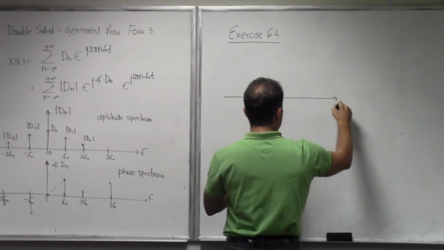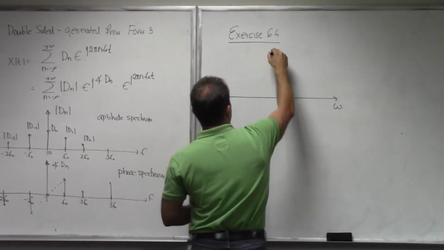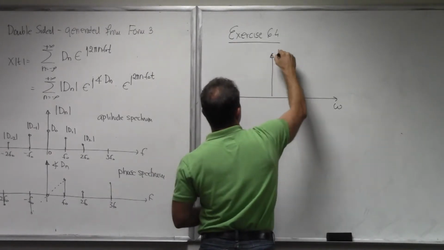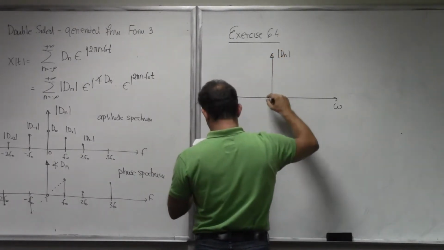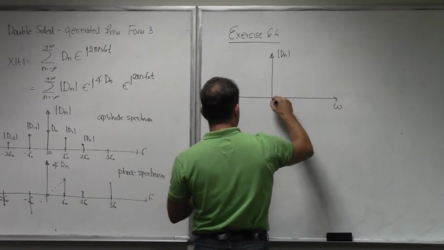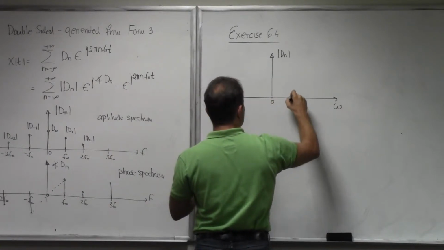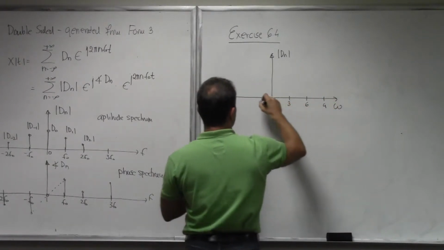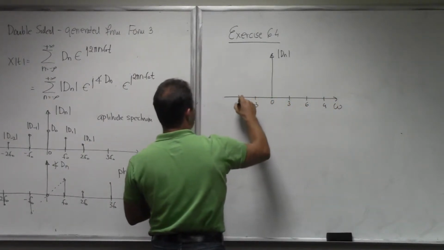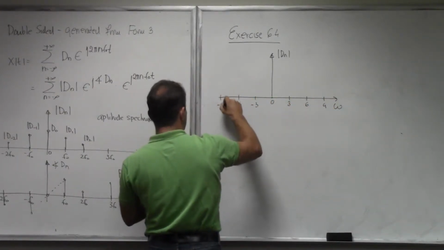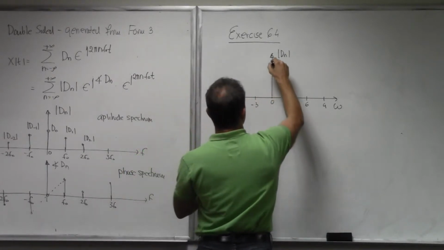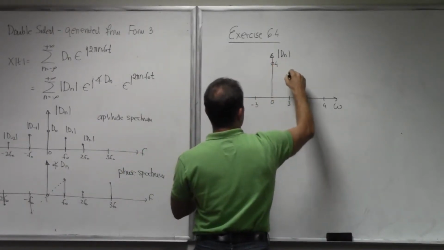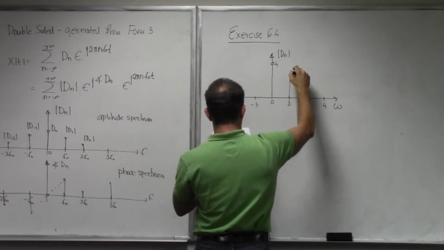This is omega here, and this is the Dn axis, and this is 0, 3, 6, 9, minus 3, minus 6, minus 9. The value of this component here is 4. The value of this component is 3.